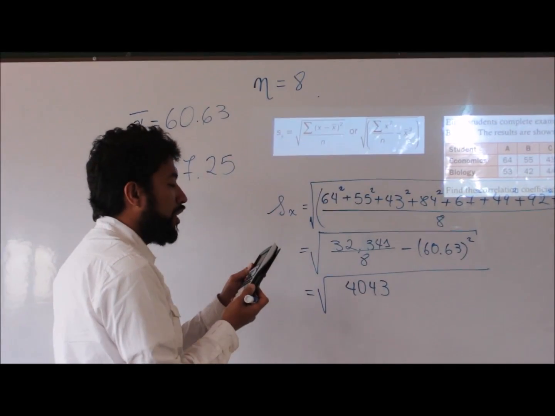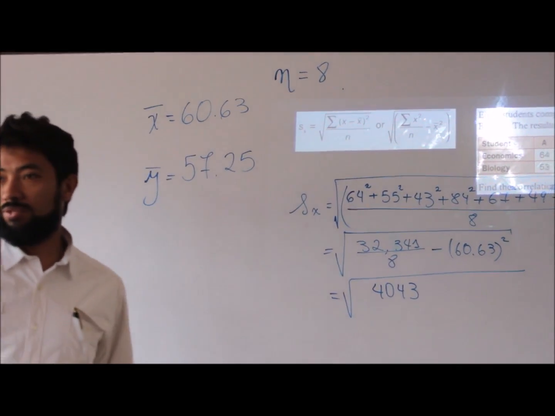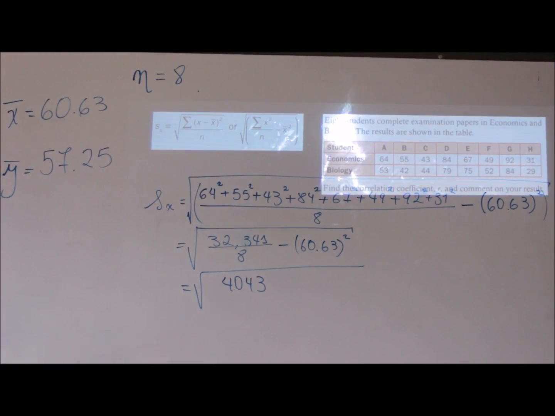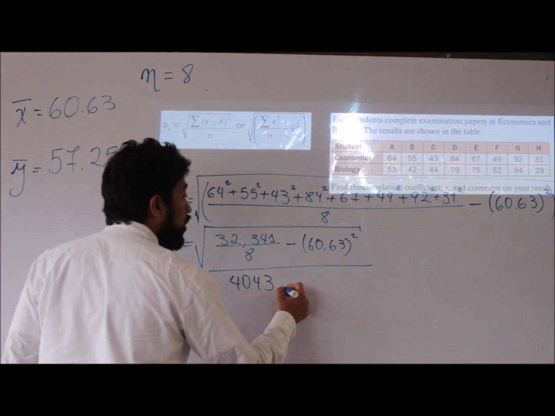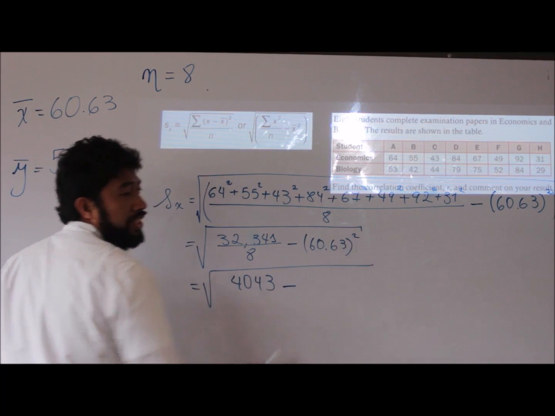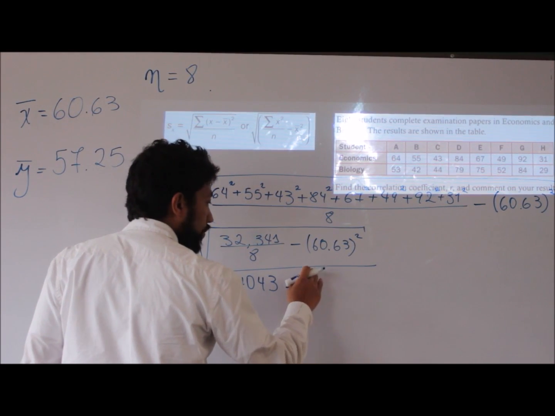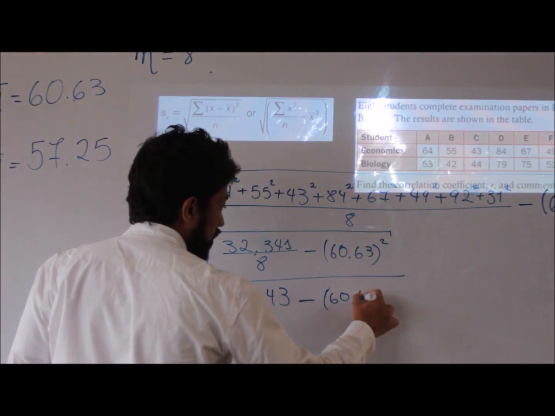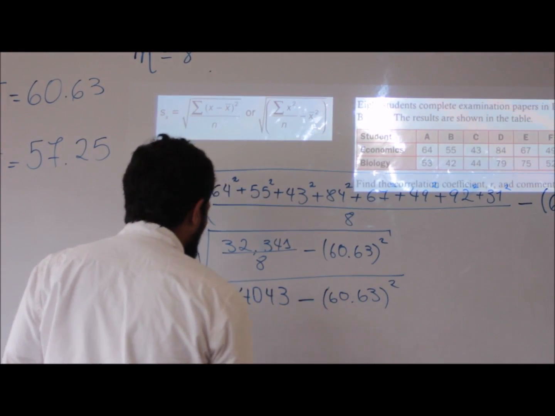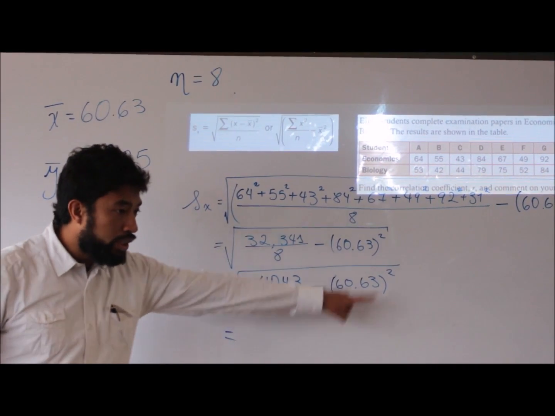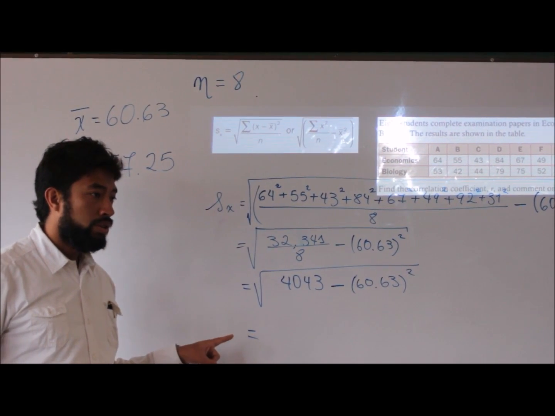No, you're completely right because you rounded. Because it is 0.625. Minus 60.63 squared. Now, I will ask you to find this whole expression in the calculator.